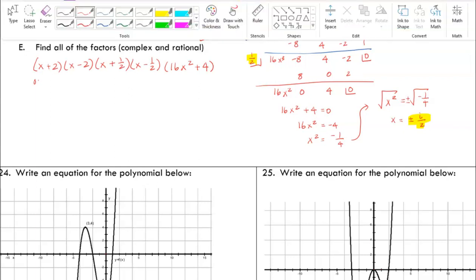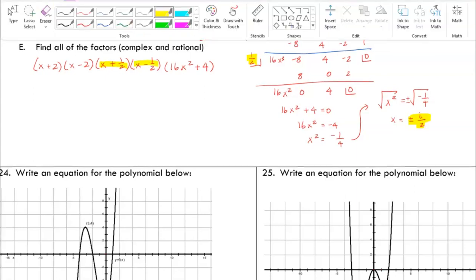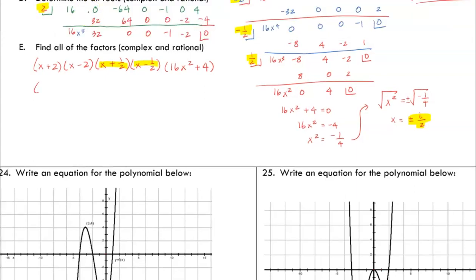I have to change these two. You could literally write it like that, but I like this form better. Or you can write 4x squared plus 1.